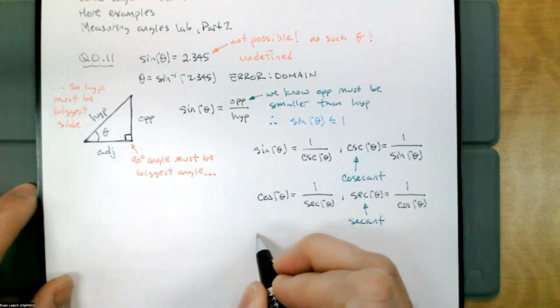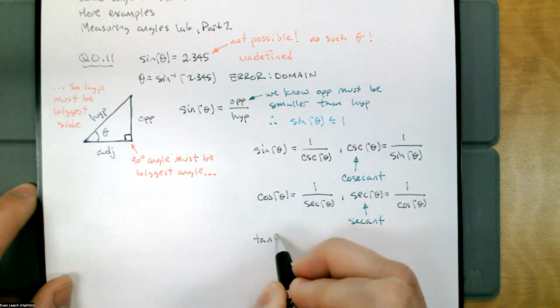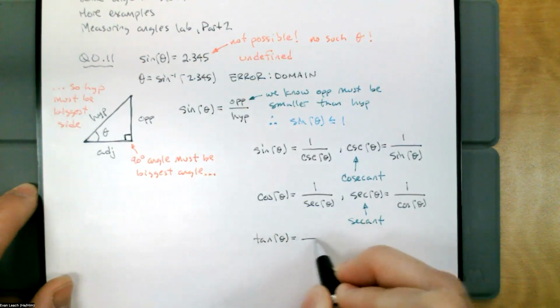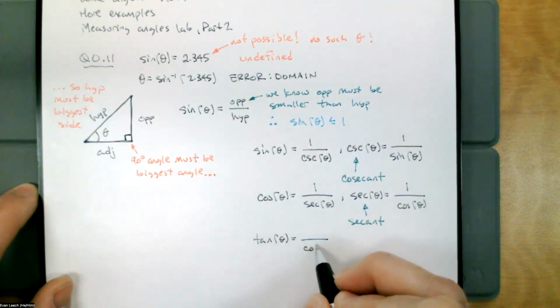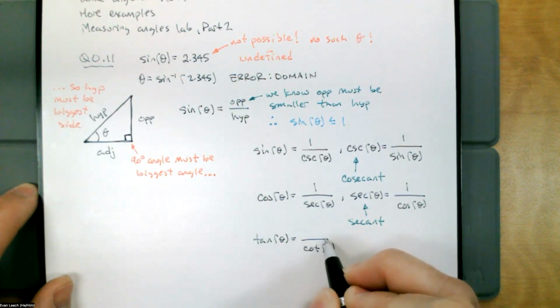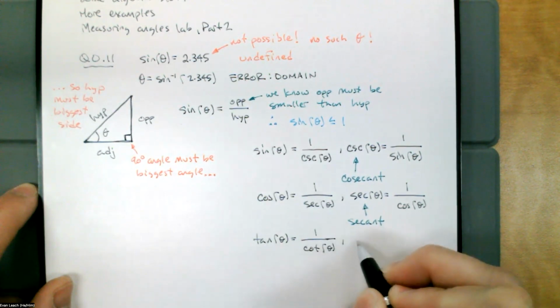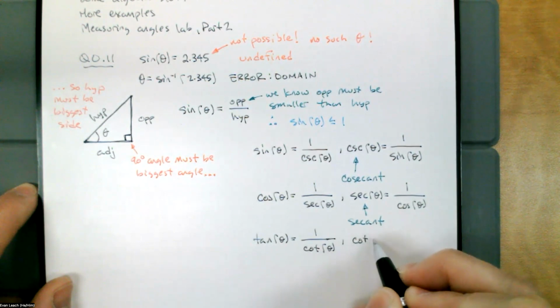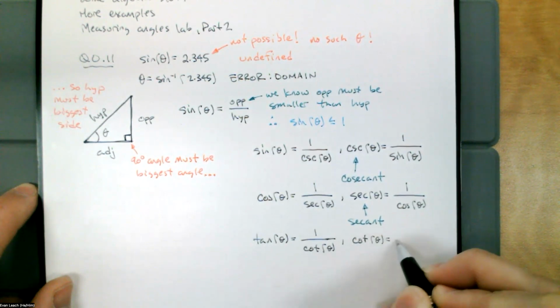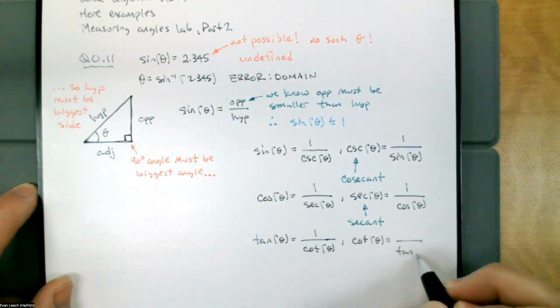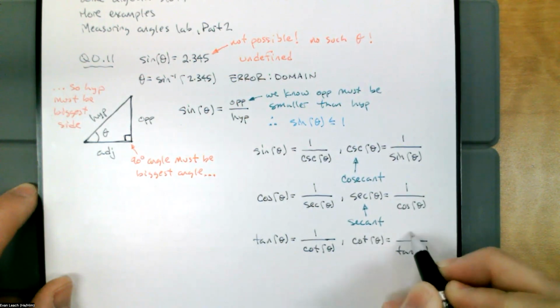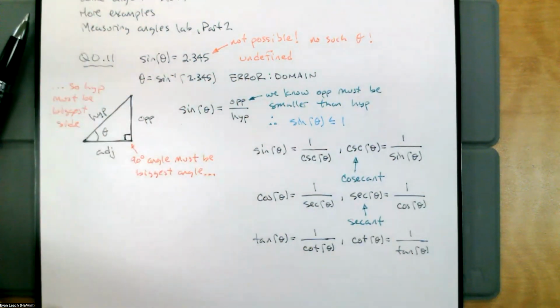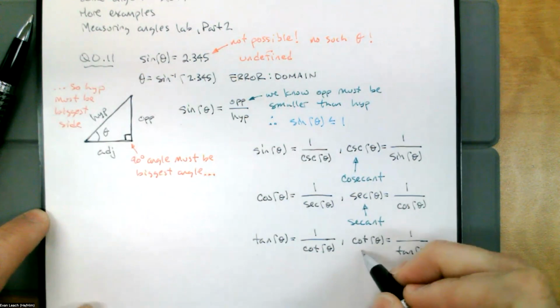I can't leave the last one out. Tangent and cotangent are reciprocals of each other. So COT is cotangent.